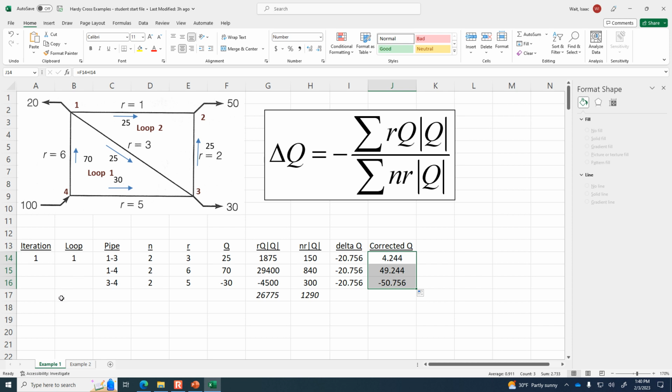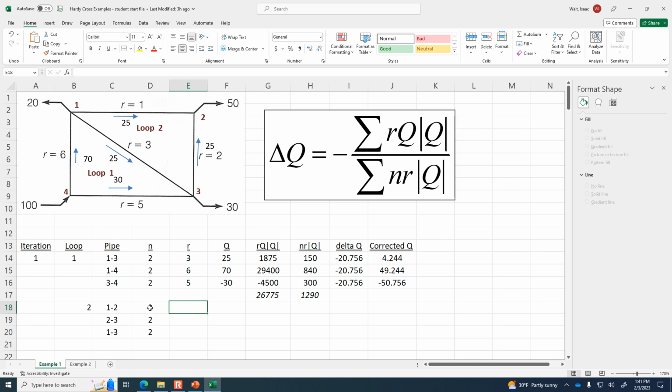Next, we're still in our first iteration, but we're going to analyze loop 2. In loop 2, we've got pipe 1-2, pipe 2-3 and pipe 1-3. Those are our 3 pipes. We can enter the N values, which are just 2 for all of them, and transcribe the R values.